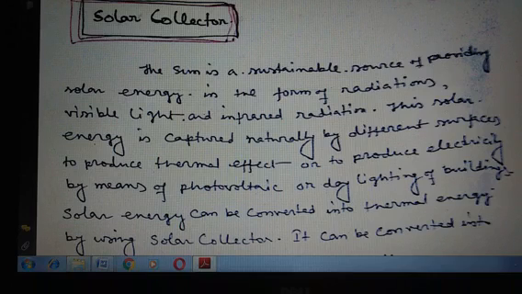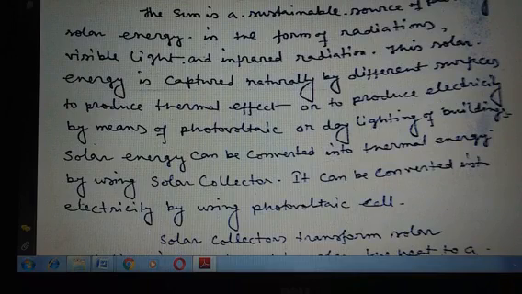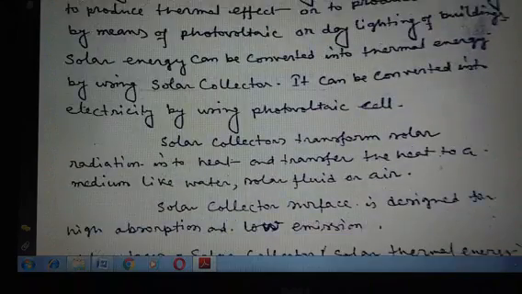Solar energy can be converted into thermal energy by using solar collectors. It can be converted into electricity by using the photovoltaic cell. A solar collector transforms solar radiation into heat and transfers the heat to a medium like water, fluid, air, etc. The collector surface is designed for high absorption and low emission. We already discussed that.